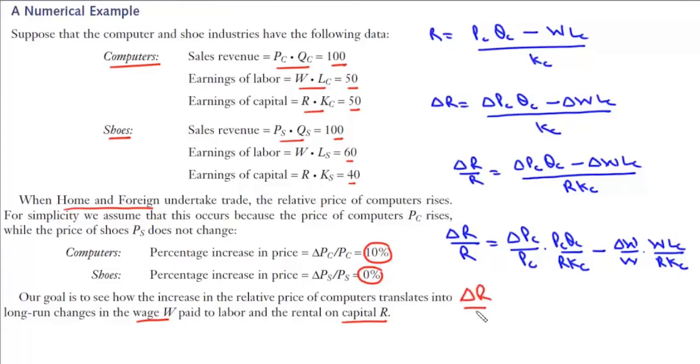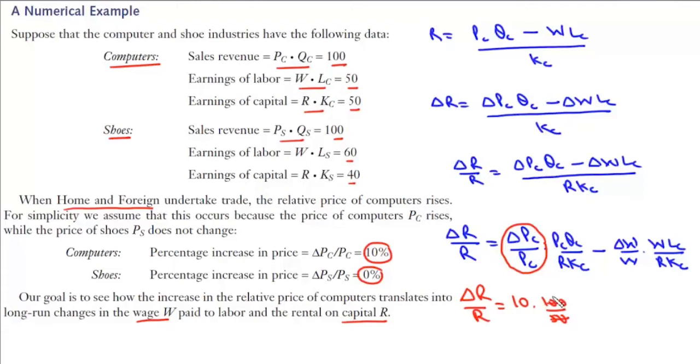Now here we're going to plug in this data. So delta R upon R is equal to delta PC upon PC, which is the percentage change in price for computers, and is 10%. So it will be this 10% into, now PC into QC is sales revenue, so it will be 100 divided by RKC, and RKC is earning of capital, which is 50.